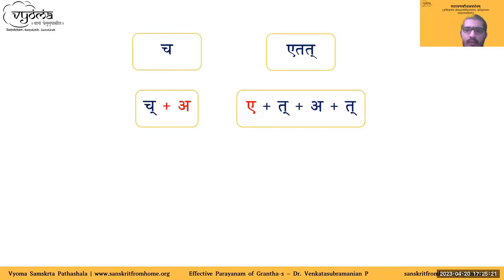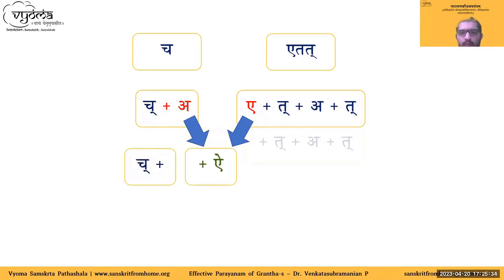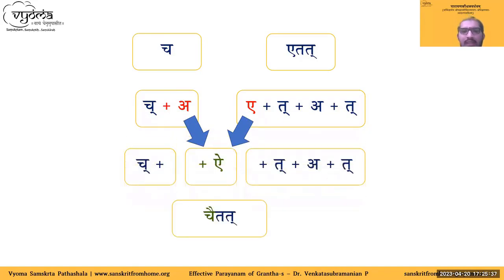On the right hand side we see e. So in the place of these two letters, we get Aikara as adesha. So the final form will be chaitat. Cha etat, chaitat is the final form.